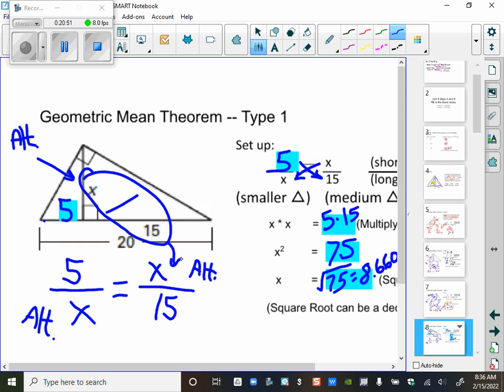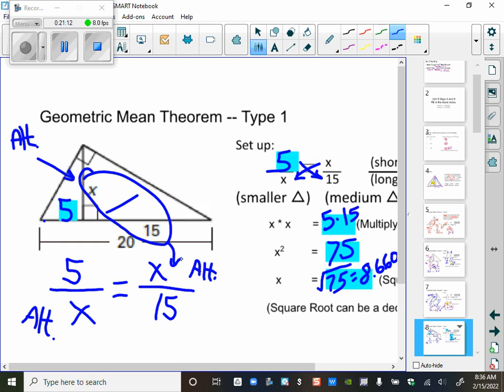Now, the next few get a little harder. I'm telling you that right now. The next few, we're going to have to do a little more work. But again, 3 of the 4 parts are going to be almost the same, because right now we did it with the other 2.